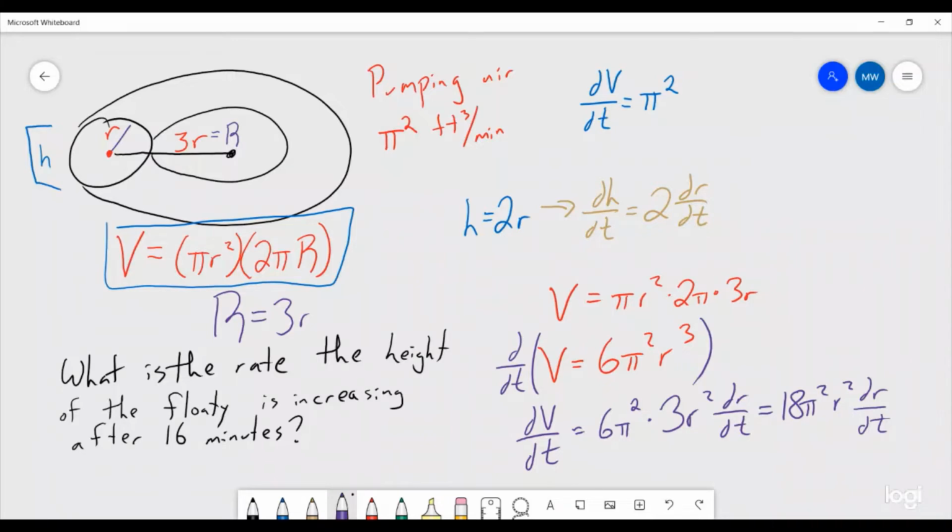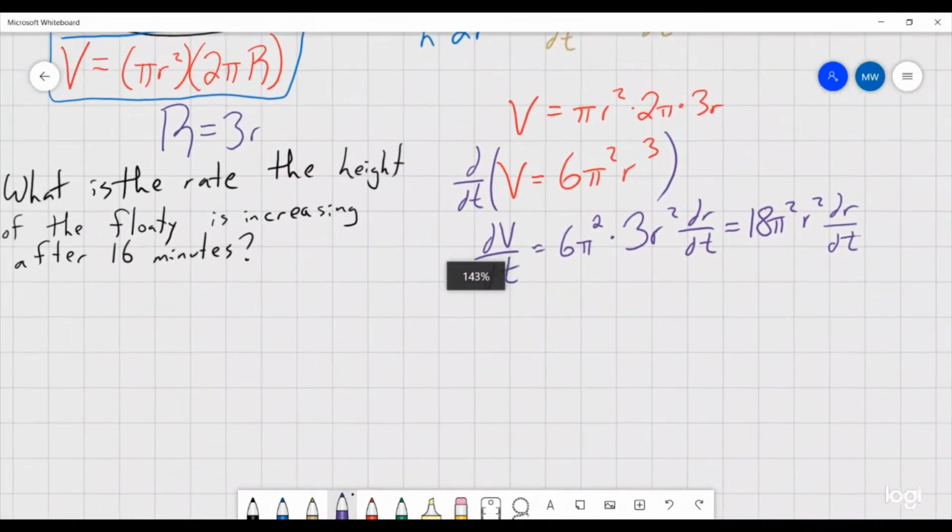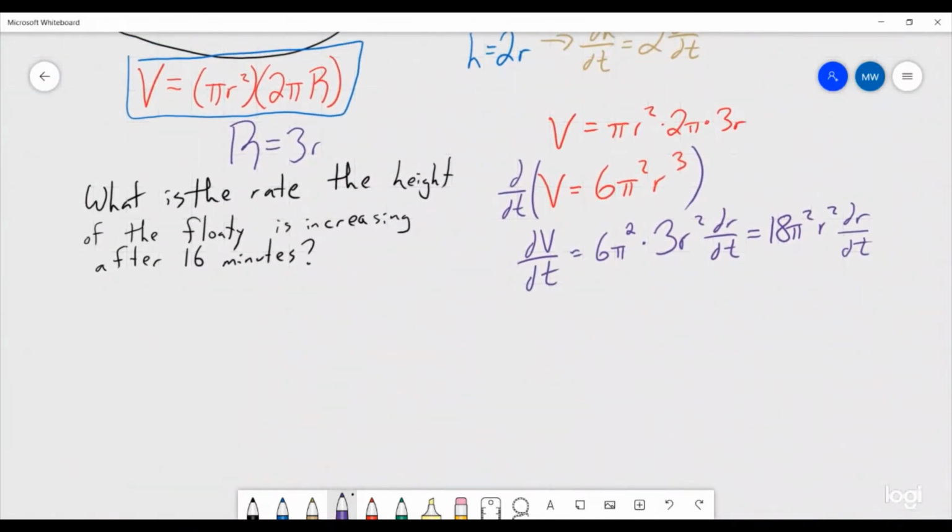And now we're going to be able to connect a little bit of this. We know that dV/dt is pi squared. So we have pi squared is equal to 18 pi squared r squared dr/dt. The pi squareds can cancel, so we are left with dr/dt is equal to 1 over 18r squared.